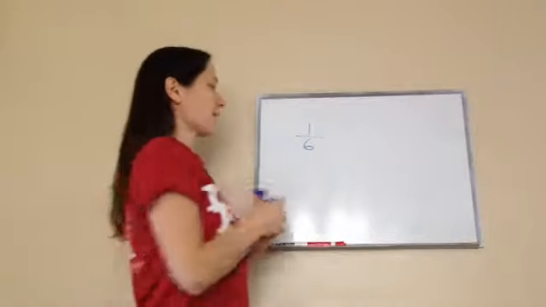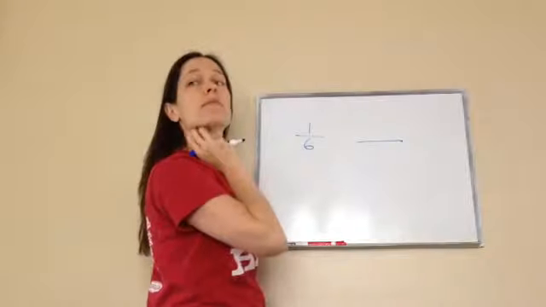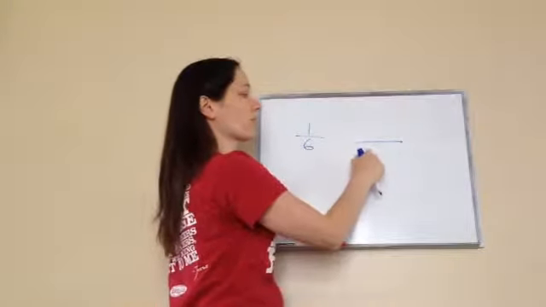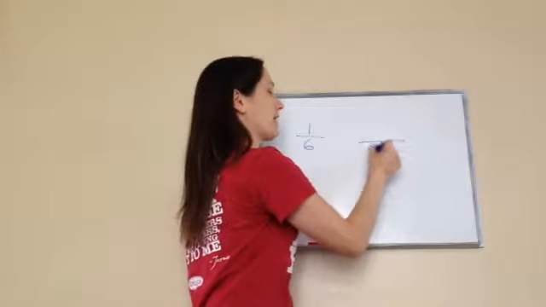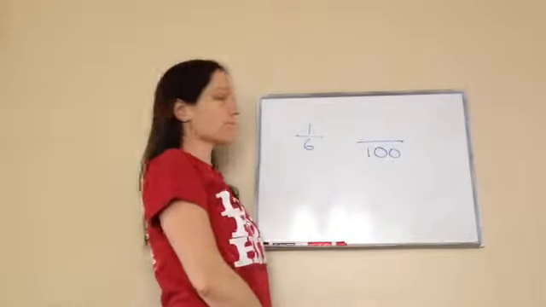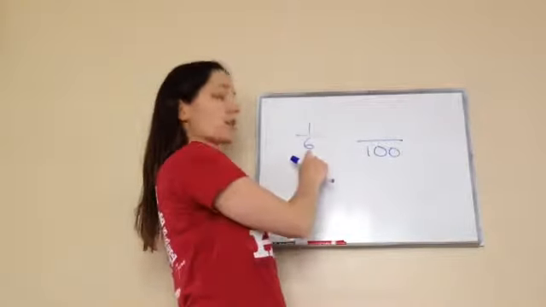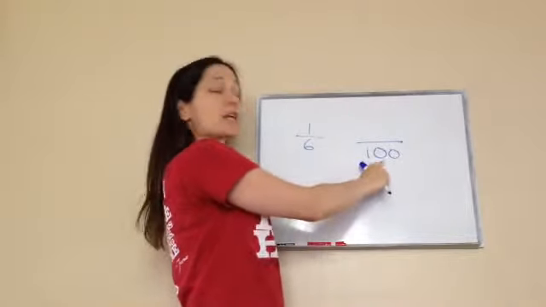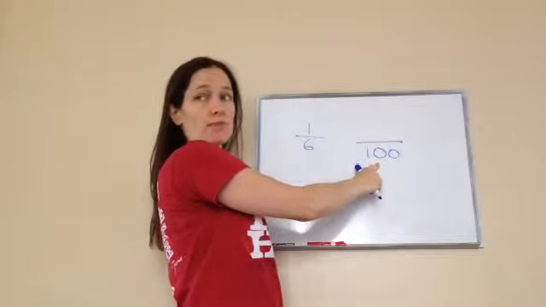Now, what do we want our denominator to be if we're working with percent? 100. Okay, now, stay with me for just a minute. In order for me to change this fraction into a percent, I need 100 on the bottom, right?